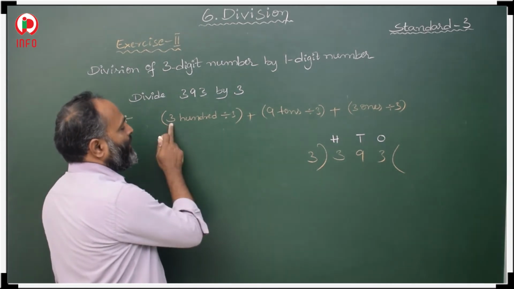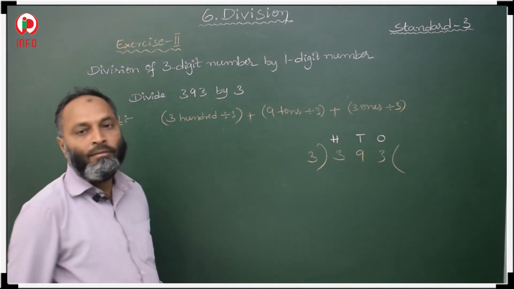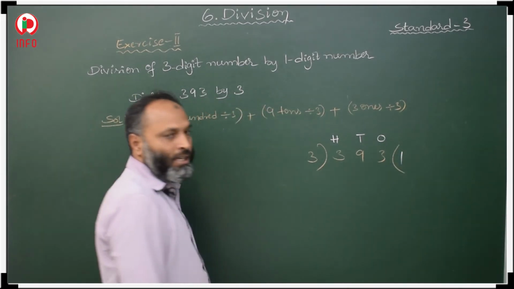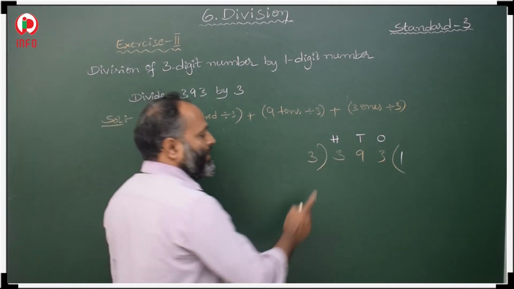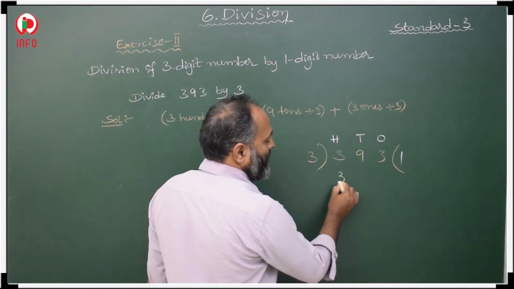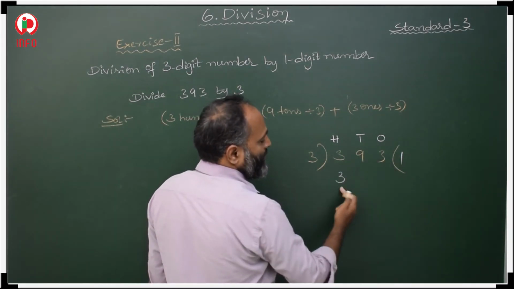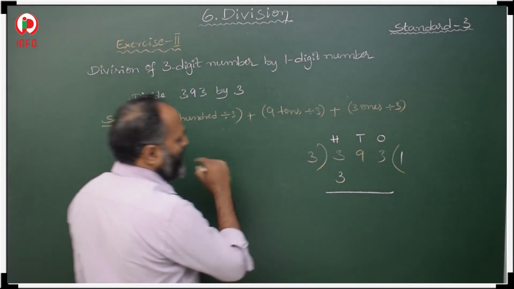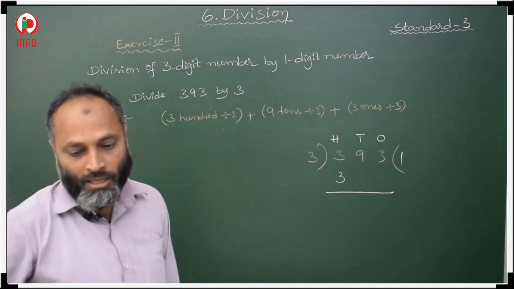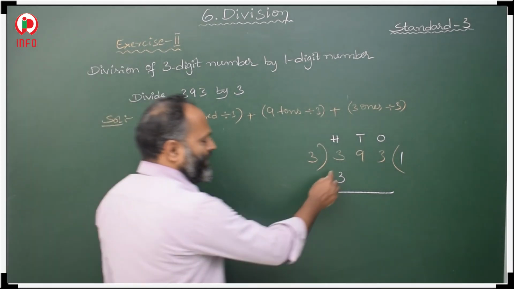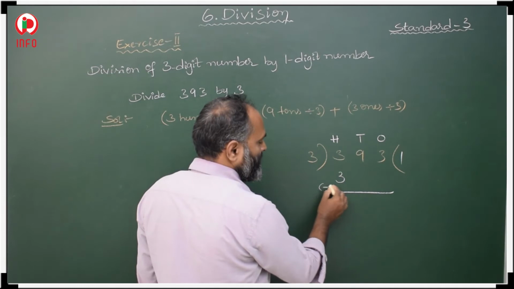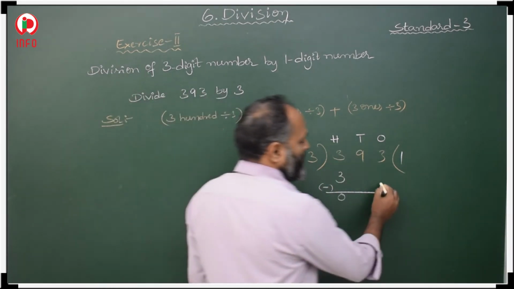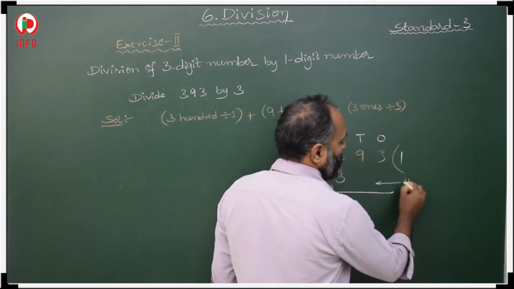In the 3 table, when will you get 3? 3 ones are 3. So our quotient is 3 ones are 3, which means 3 hundreds are 300. Then 3 minus 3 is 0.